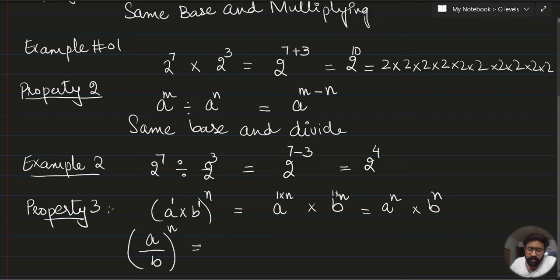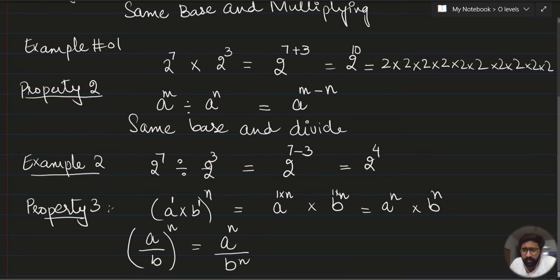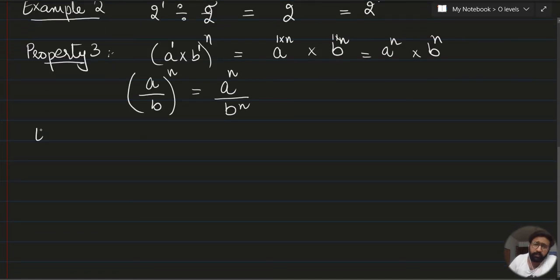So we are going to write everything inside: A power n divided by B power n. So let me give you an example over here. Example number 3, that is going to relate to both of them.